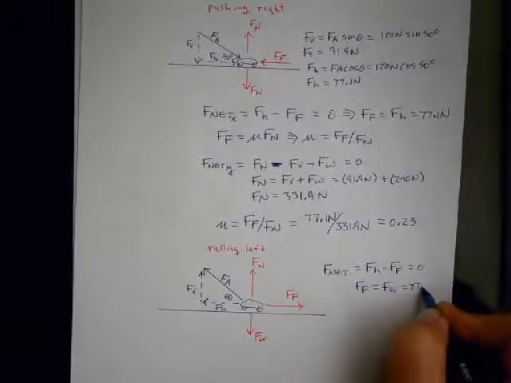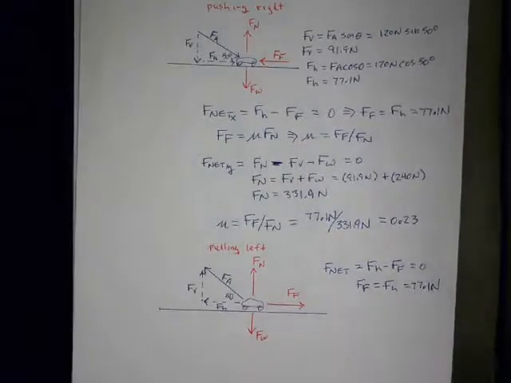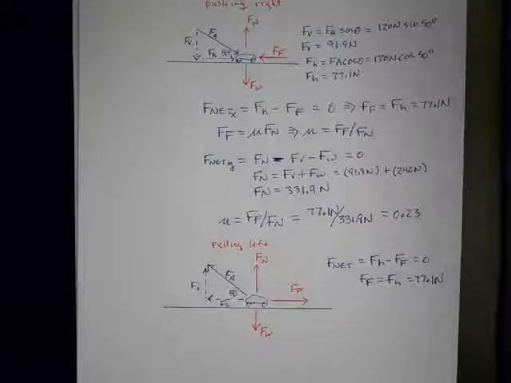So the horizontal portion of the world doesn't change at all. Pushing, pulling, the friction is still opposite to whichever way I'm trying to move. However, note how my F net in the Y direction has changed.